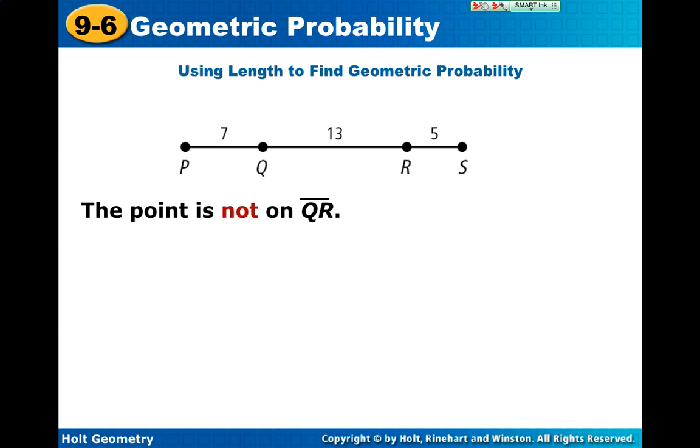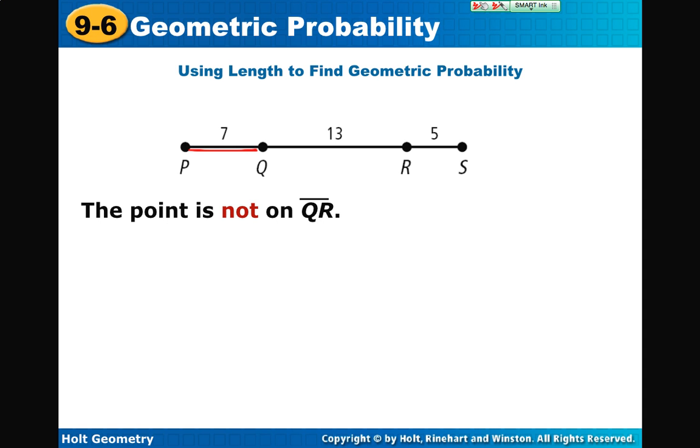So where is it not on segment QR? Right here it's not, right here it's not. So you could do like we did those last problems, 12 out of 25.